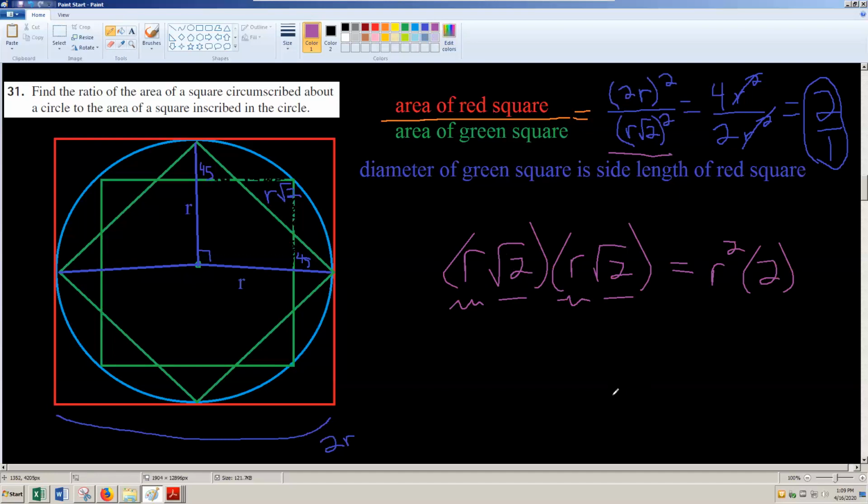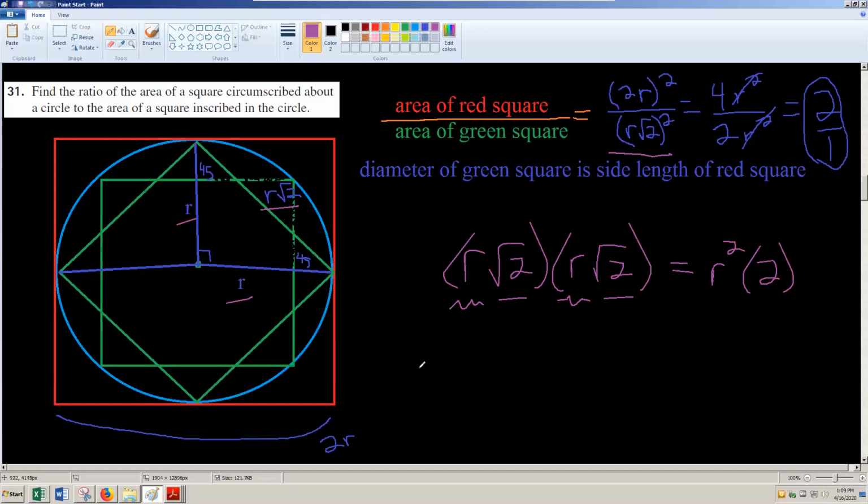For some reason I was thinking that the r was the part underneath the square root. Oh yeah, no worries. Does that make sense? Yeah, it makes sense now. Perfect. And that's coming from this 45, 45, 90 right triangle here. Any other questions on 31?